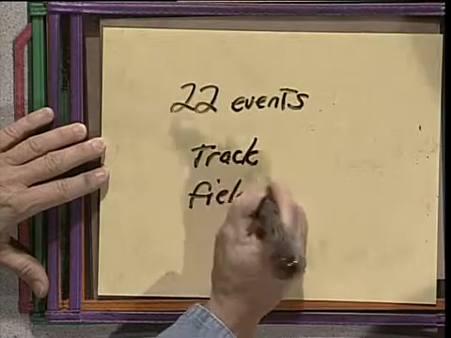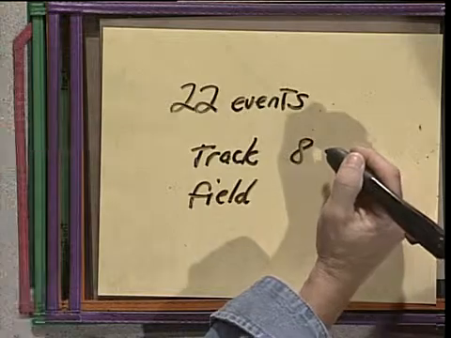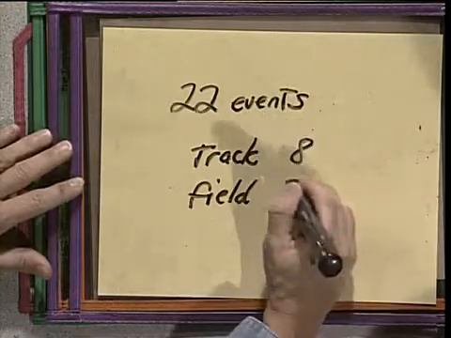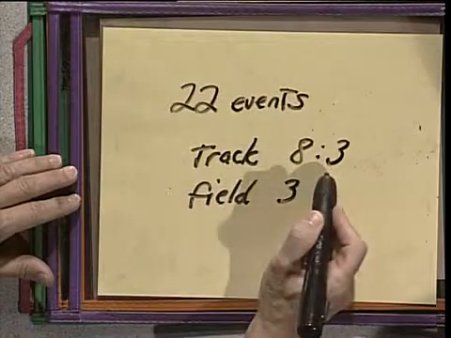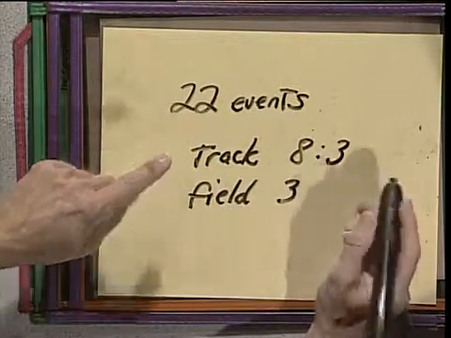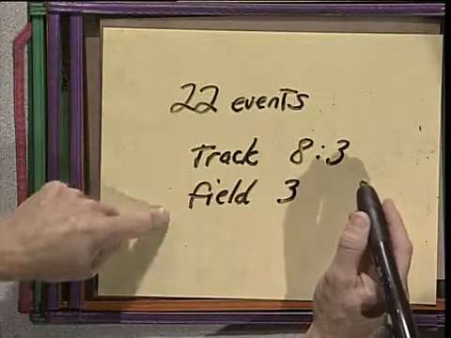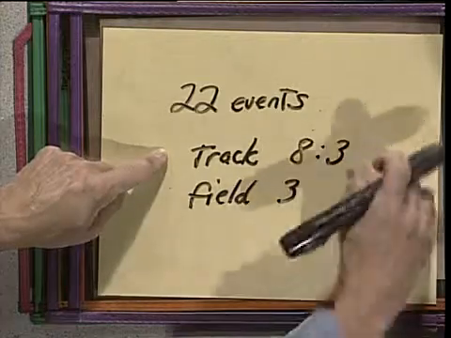Yes. And the ratio is 8 colon 3, which we usually say is 8 to 3, from track to field. Okay, so 8 to 3, which means for every 3 field events, there are 8 track events.